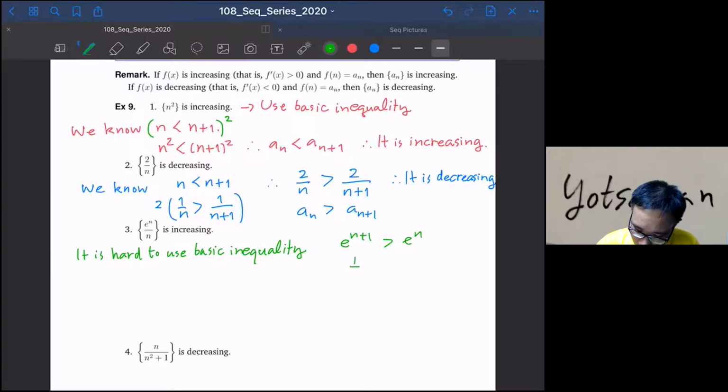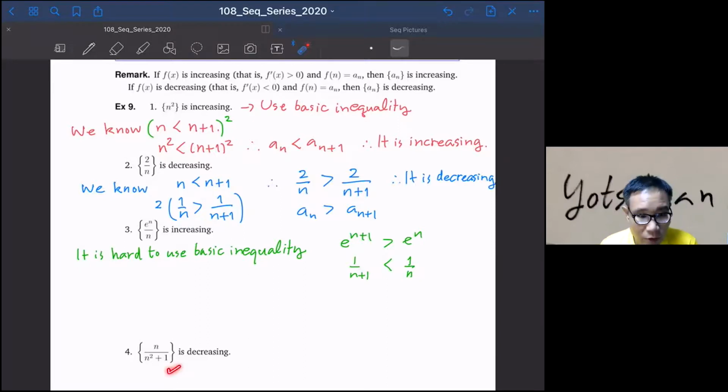However, 1 over n plus 1 is less than 1 over n. So you cannot combine both of these together to conclude increasing or decreasing. They do not match each other, so we cannot show it using just the basic inequality.